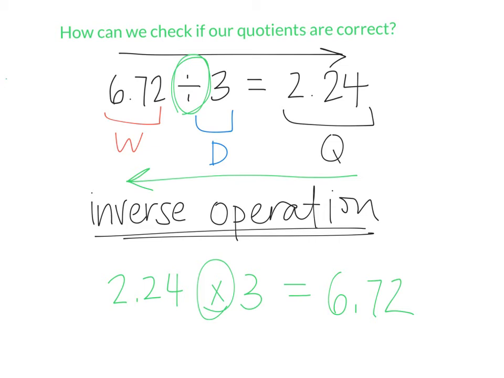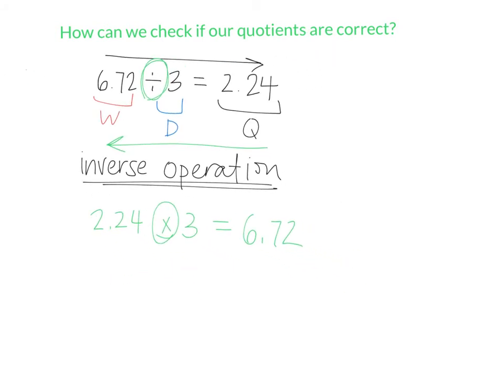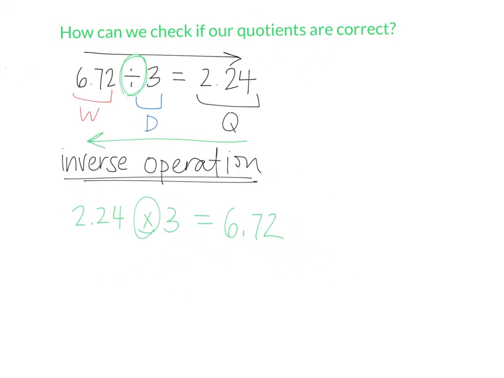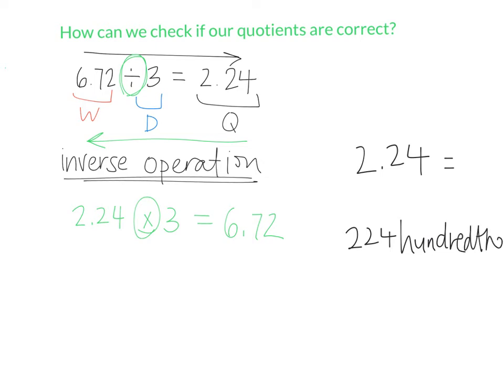So let's double check and see if we did everything correct. Okay, if I have 2.24, I can rename that as 224 whats? 224 hundredths. Okay, and I have to multiply that by what? 3.